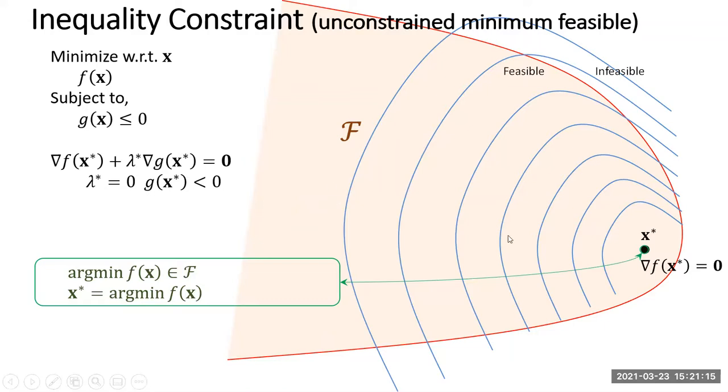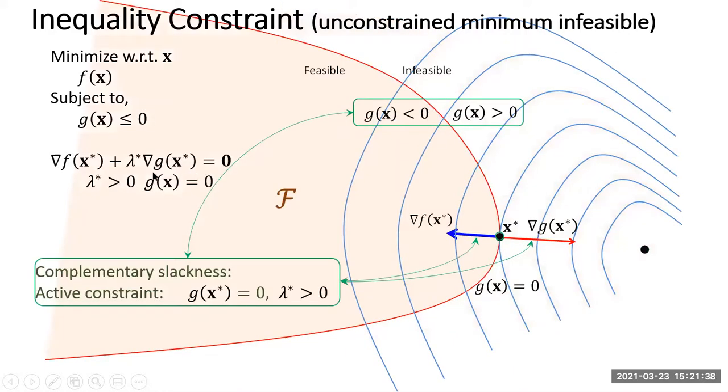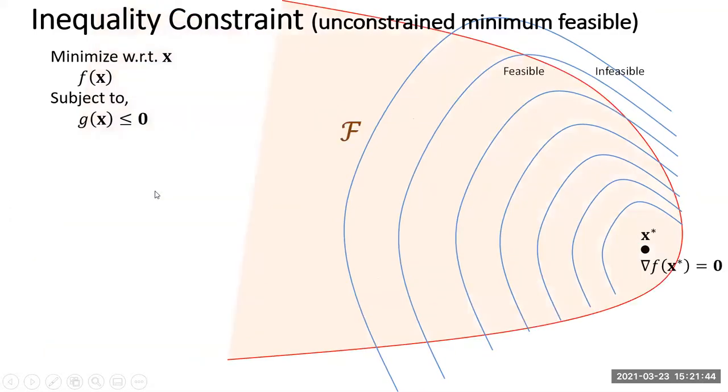So here we are looking at the situation where the constraint is inactive. It's less than 0. In this case, the Lagrange multiplier lambda star is equal to 0. So for an inactive constraint, the Lagrange multiplier will be equal to 0. On the other hand, for an active constraint, the Lagrange multiplier will be strictly greater than 0.